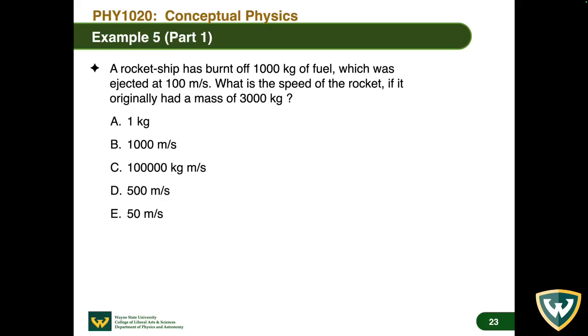Let's make a pause, and you try to figure out the value and answer the question. So you should have found that the speed of the rocket at the end is 50 meters per second.